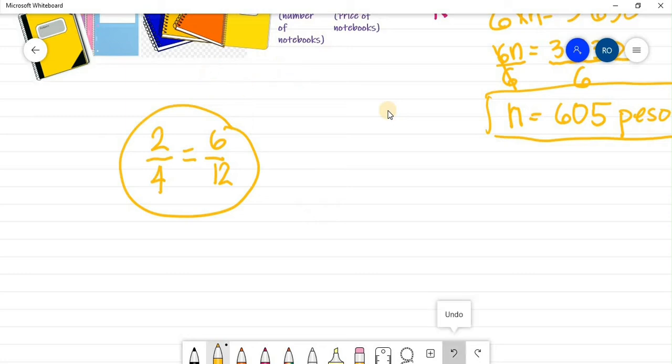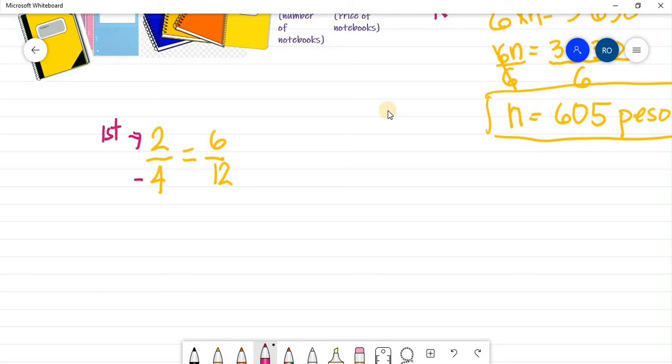So 2 is the first term, 4 here is the second term, 6 is the third term, and 12 is the fourth term. Always remember, in a proportion there are 4 terms: first, second, third, and fourth.